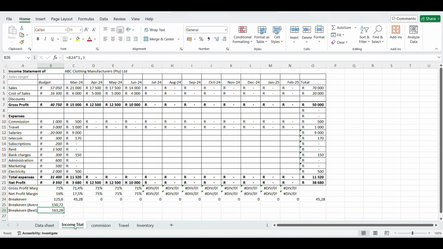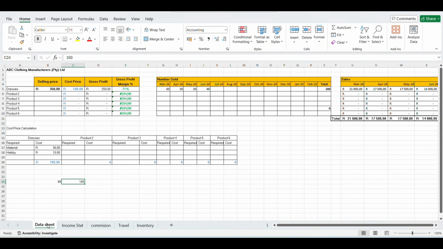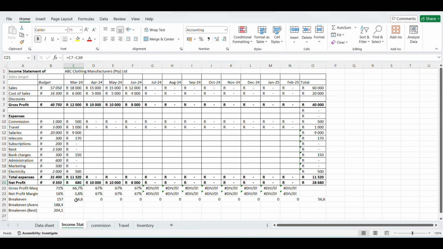Right now, if you look at the March, they are barely breaking even. We've changed the prices of the dresses, so now the net profit is around 18%. So with the previous prices of the dress before we changed it, the business was barely breaking even.